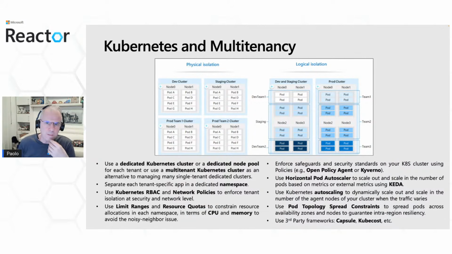pod density. An alternative solution is using a so-called multi-tenant Kubernetes cluster. In this case, the cluster is shared across multiple tenants, by multiple workloads, and by multiple teams. So the way to isolate tenants is the namespace.